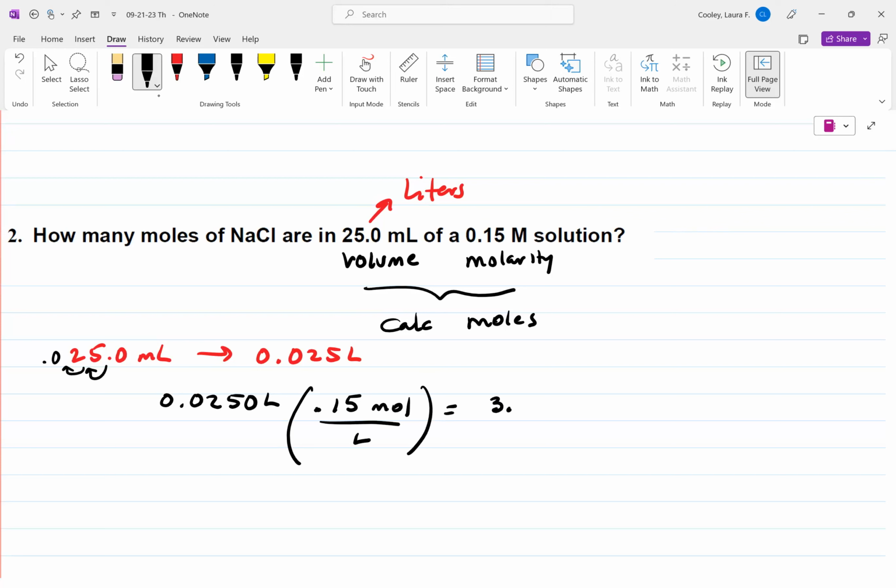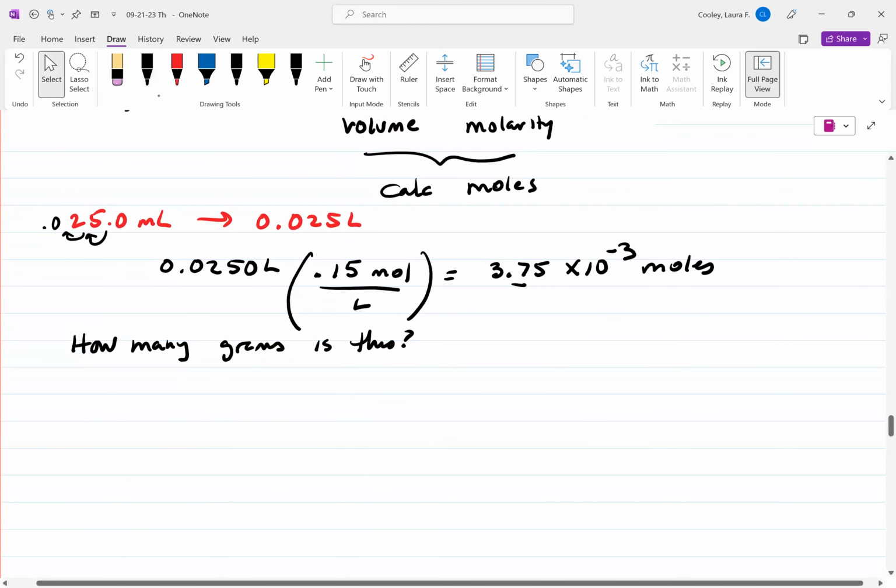You get 3.75 times 10 to the minus 3, which you should keep only 2 sig figs, okay? So the answer to this would be 3.8 times 10 to the minus 3 moles of NaCl.